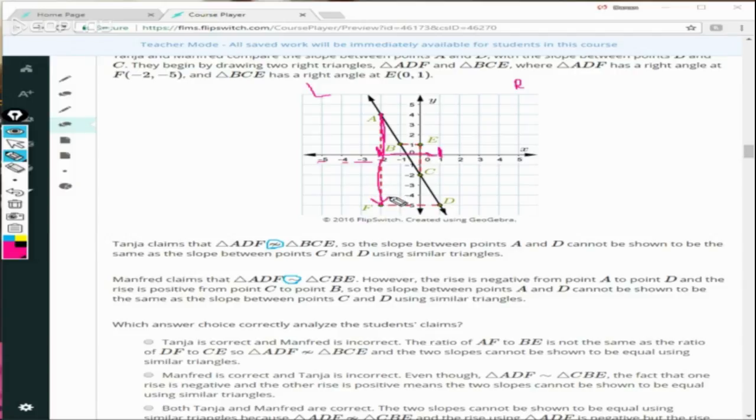The rise did technically go down. So if we read the graph correctly, we would be going from point B to point C from left to right because point B has the x value at -1 and point C has an x value of 0. And if we were to look at it that way, starting from point B because it's the smallest x value, -1, to point C, the rise would have to go down as well in order to get to point C.